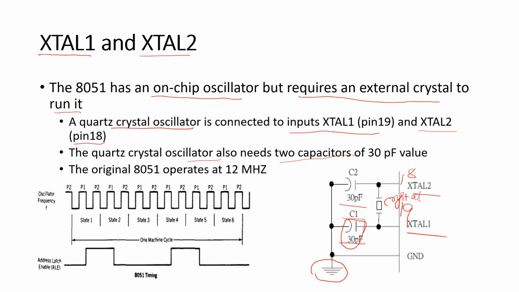When we talk about the oscillations, the 8051 here makes use of a 12 megahertz crystal oscillator, but the 8051 family may comprise crystals from 1 megahertz up to 16 megahertz.